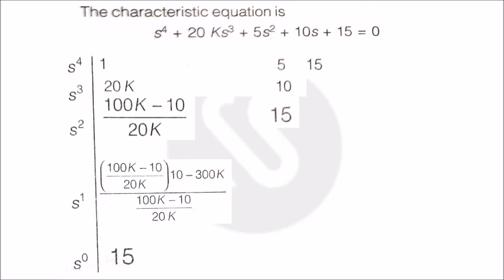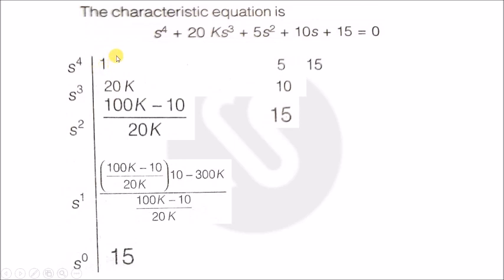Now, as I taught you, the system should be stable if and only if there is no sign change in the first column of the Routh table. So this column indicates the stability of the system. Here the first element is positive.